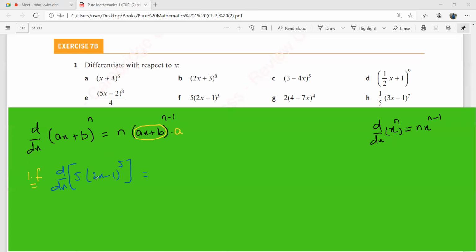When we differentiate this with respect to x, this would be 5 into 5, which gives us 25, and then 2x minus 1 raised to power 4, 1 subtracted from the power, and then times 2. This 2 is basically the derivative of 2x minus 1. Simplifying, this is 50 into 2x minus 1 raised to power 4.